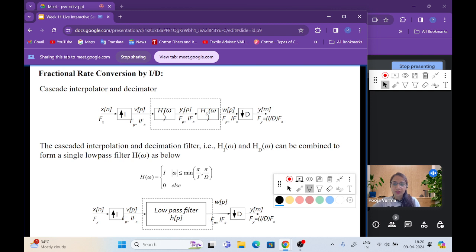Now the next one is fractional rate conversion by I by D. What is fractional rate conversion? Here we are cascading the interpolator and the decimator, so both system functions act on one sequence.